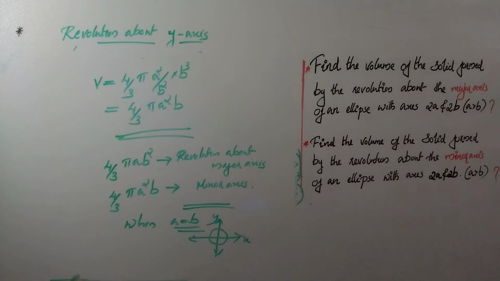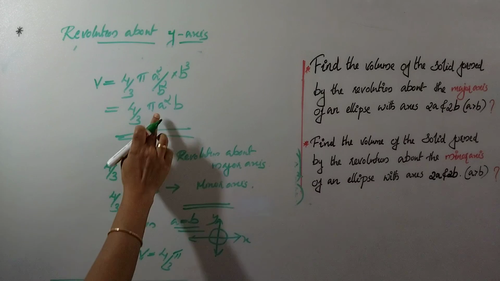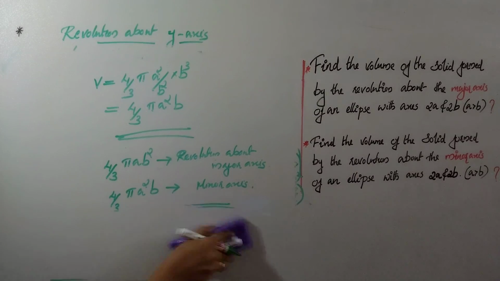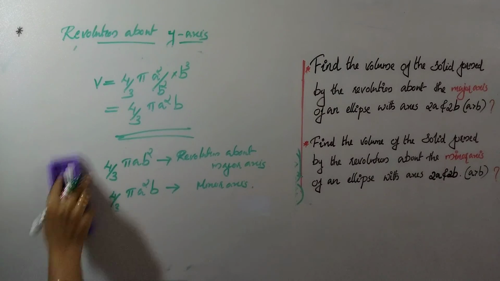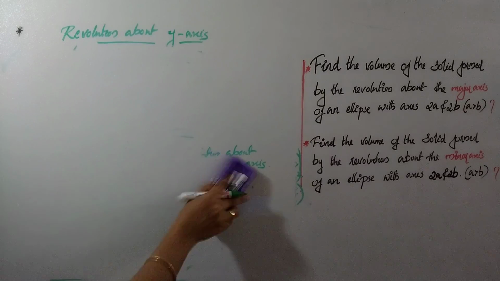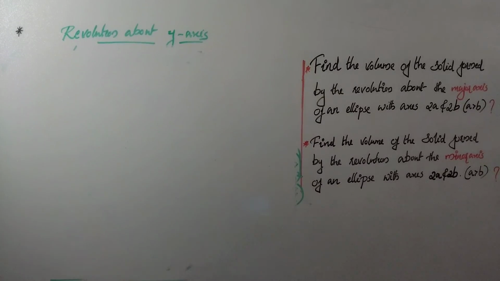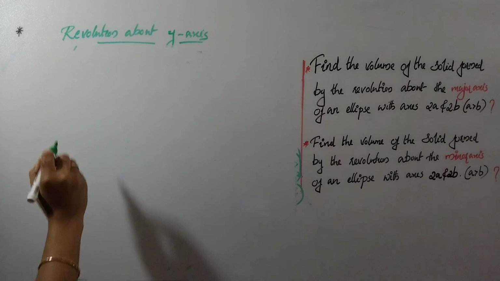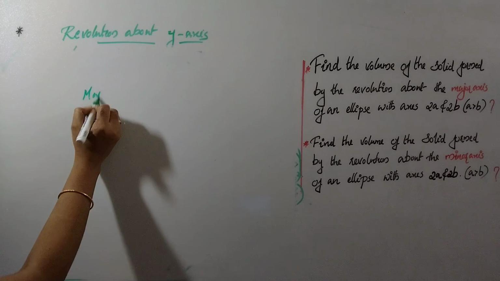So the volume of the sphere is what? V is equal to 4 by 3 pi. If a is equal to b, this becomes 4 by 3 pi a cube, where a is the radius of the circle. I think you got an idea about this part, that is, the volumes of solids formed by the revolution about the major axis and minor axis are different.